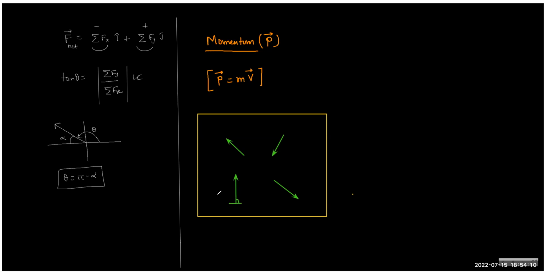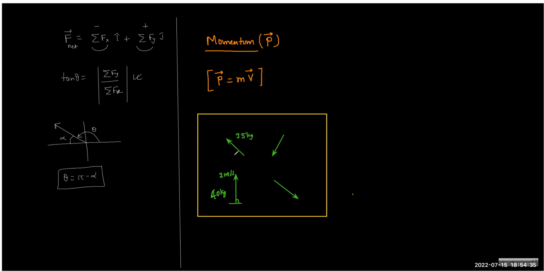So this kid is having mass, okay, how much? Let's say 40 kg. And let's say velocity is not very fast, 2 meter per second. And let's say this is a mass of 35 kg.